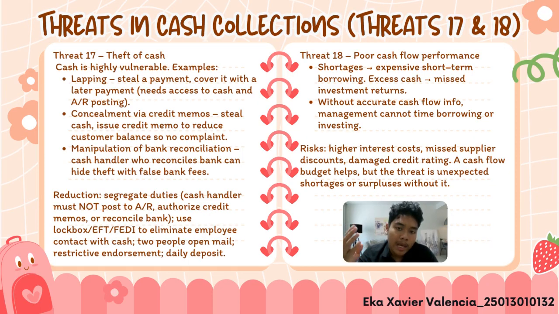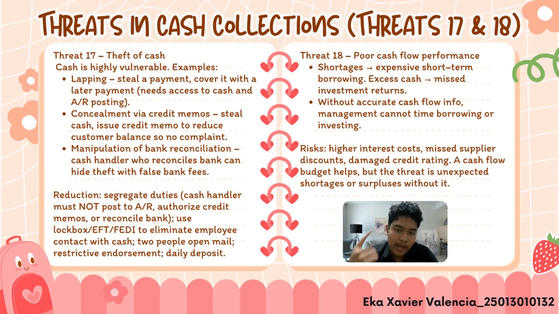Third, manipulation of the bank reconciliation. The same employee who handles cash also handles the reconciliation of the bank statement. That person can hide the theft by recording false bank fees or adjusting the reconciliation. And how do we reduce this threat? First is strict segregation of duties.